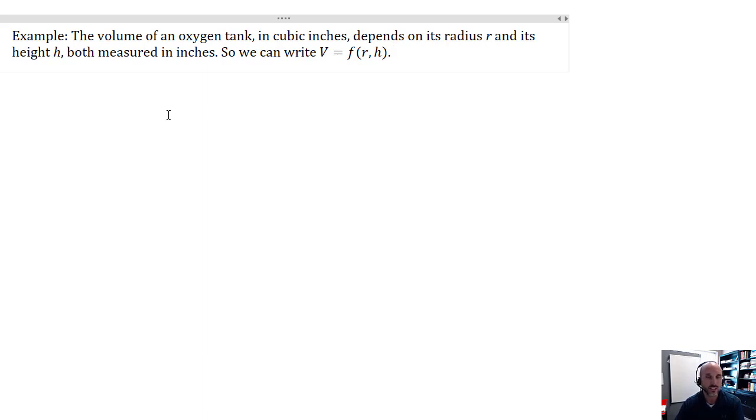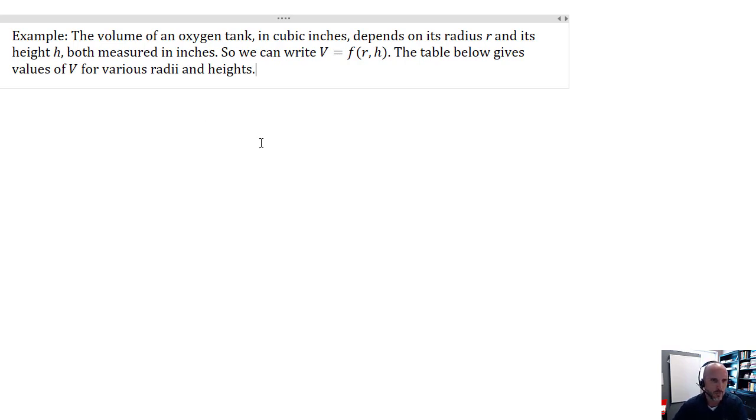And we're going to look at a table that shows us the relationship here. So the table below gives values of V, meaning volume, for various radii and heights. Okay, so I'm going to pause the video for a second.